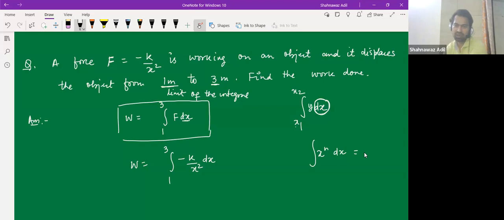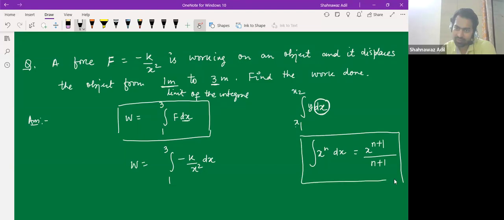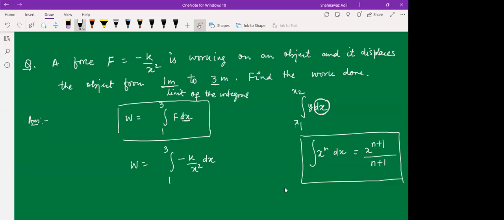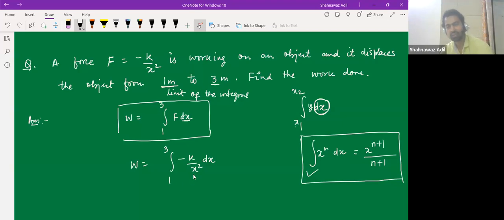What is the integral of x^n dx? Do you remember? Rishita, Ilham, and Amna, do you remember? What is the integration of x^n dx? Okay, so this is x^(n+1) divided by n+1. So now do you remember? Keeping this in mind, please calculate this integral. Please do the calculation and tell me. If you are stuck, first you try.